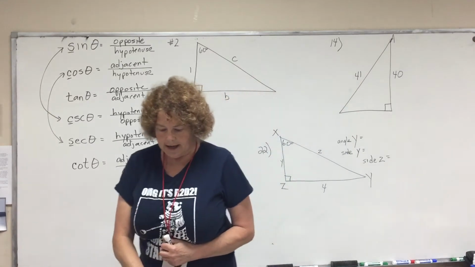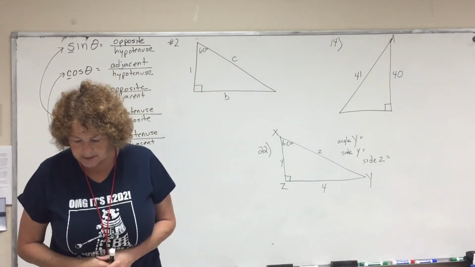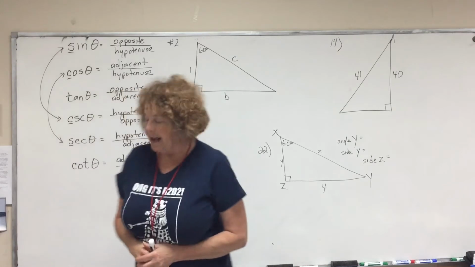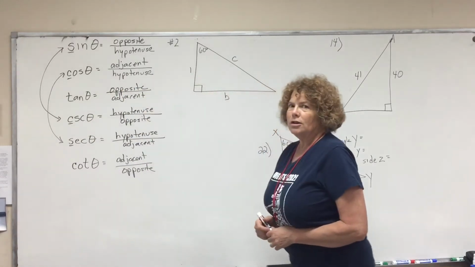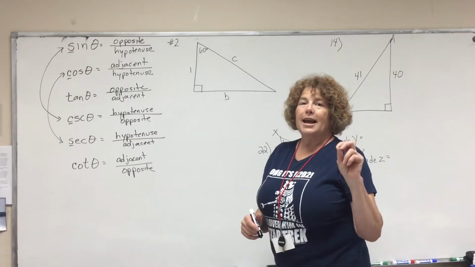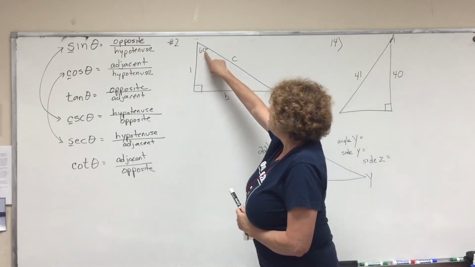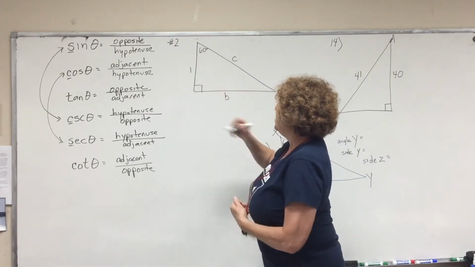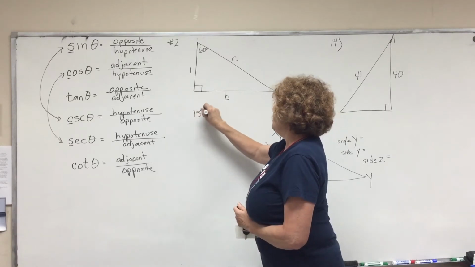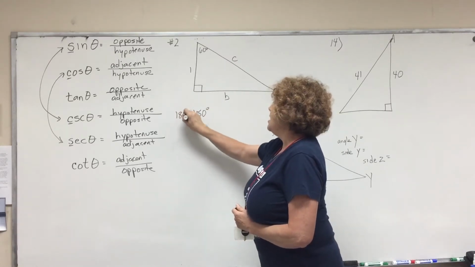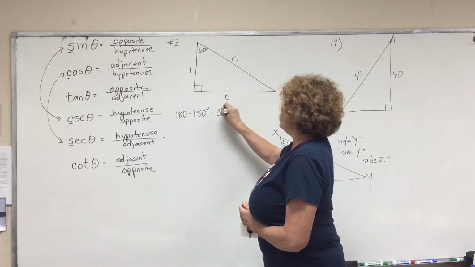We are looking for the missing side and angles. Well, first of all, if you already have one of the angles, there's no need to do any trigonometry. All you need to do is say 60 plus 90 is 150, and 180 minus 150 is 30 degrees.